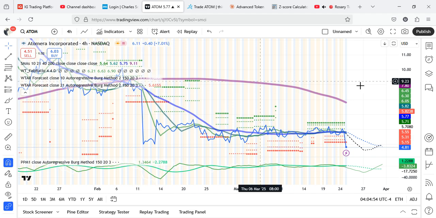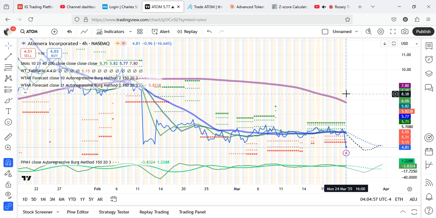But we have to find out what it is as things stand right now. 8.49. Okay, they're actually less. So by the time you find the average, you may find that the probability of it printing 8.49 is less than 50%, but still very much something that can happen, especially because it has printed those prices already.